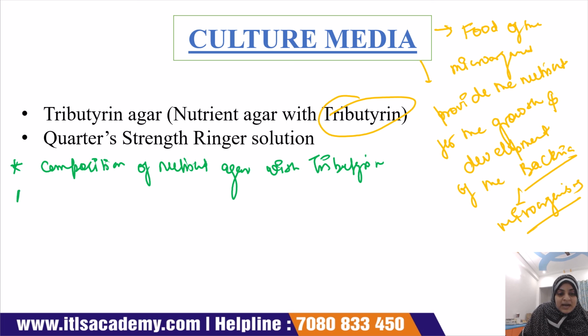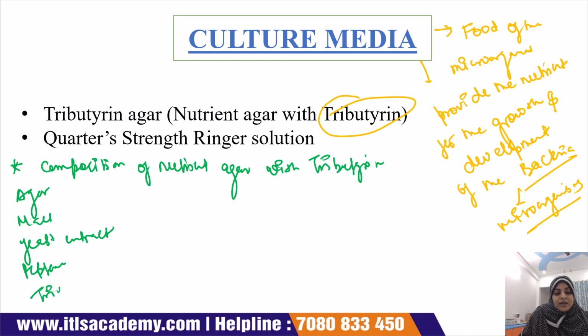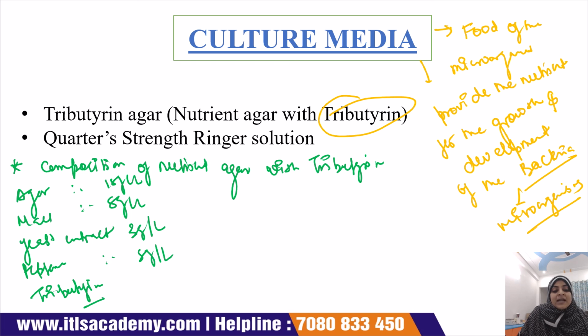Here we use agar, sodium chloride, yeast extract, peptone, and tributyrin. This composition is for 1 liter. Agar is required at 15 gram per liter, sodium chloride 5 gram per liter, yeast extract 3 gram per liter, peptone 5 gram per liter, and tributyrin 5 gram per liter. So this is the composition of the tributyrin agar.